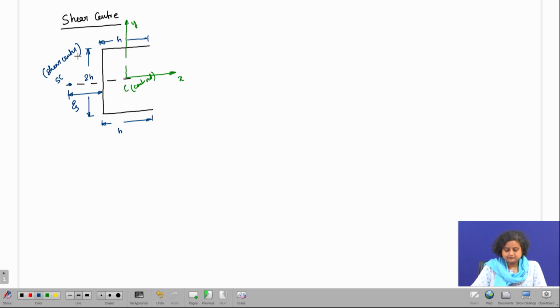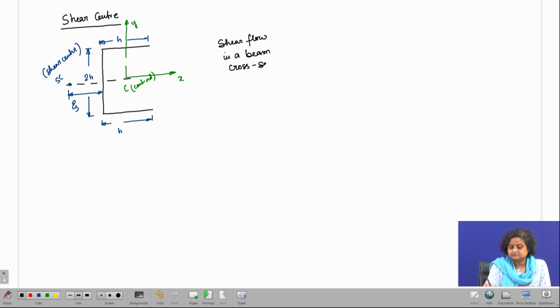Now, shear flow in a cross section can happen because of two reasons. So, shear flow in a beam cross section can happen due to two reasons.